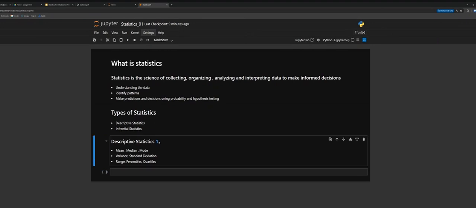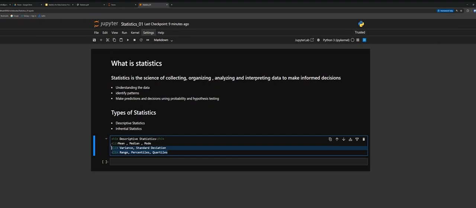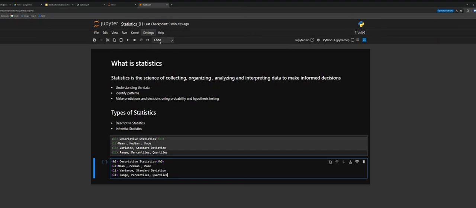And the next one is inferential statistics. Under inferential, what are the things that fall? And what is inferential?